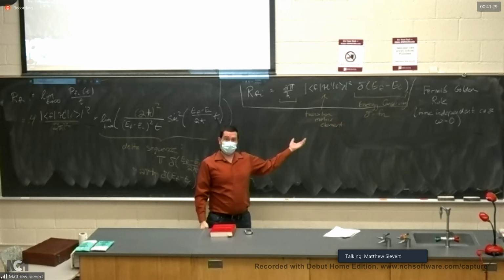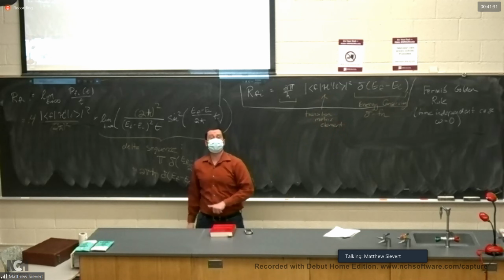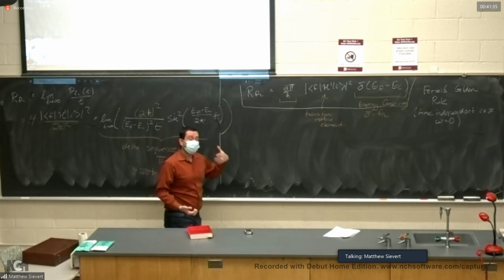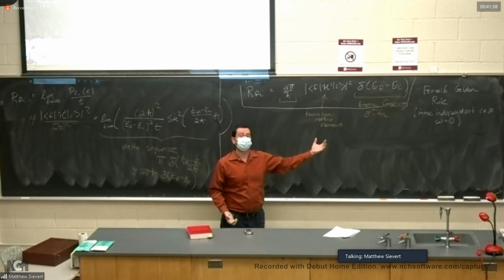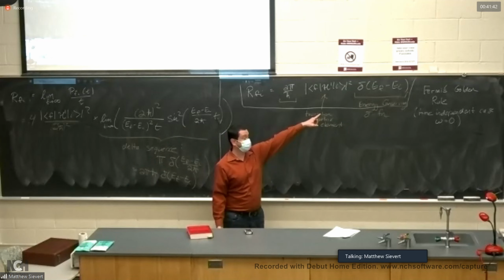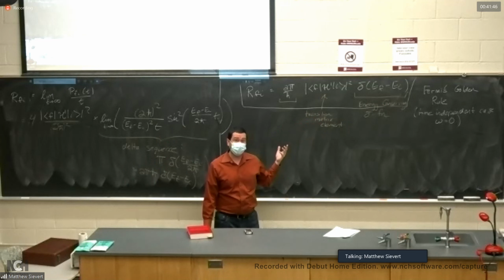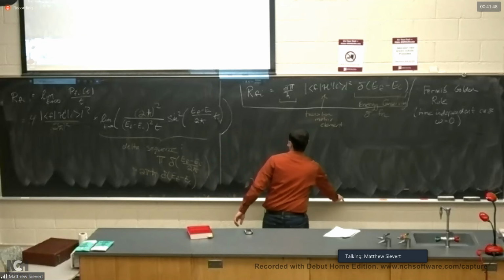So the key features that went into this were A, recognizing that weird delta sequence, but B, separating out the temporary or transient virtual fluctuations of quantum mechanics from the real allowed transitions, which are governed by energy conservation. The same essential story will be true when we have a periodic time-dependent perturbation.